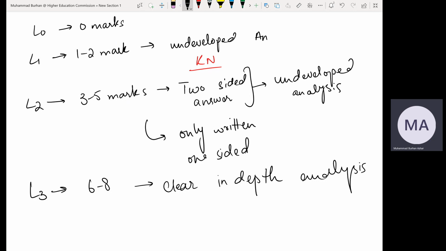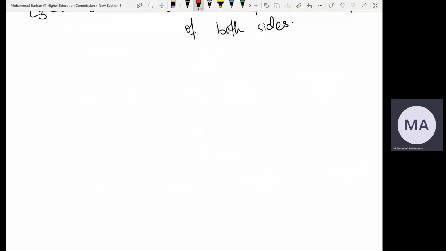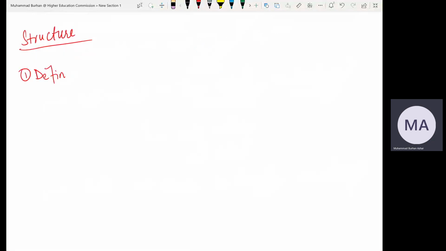First, my recommendation to the students on how you should structure the question. Have a look at this. First, start off by defining the key term. Whatever the key term is, just define the key term.